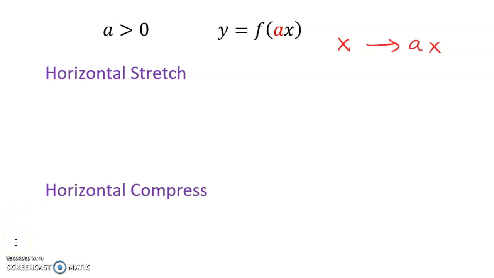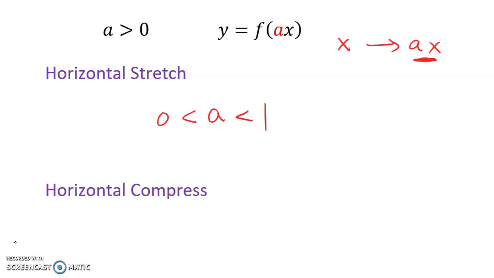So if your a is a small number between 0 and 1, then that means your x is getting smaller, right? So it will reach the original y value slower than before. So it looks like your graph is being horizontally stretched.